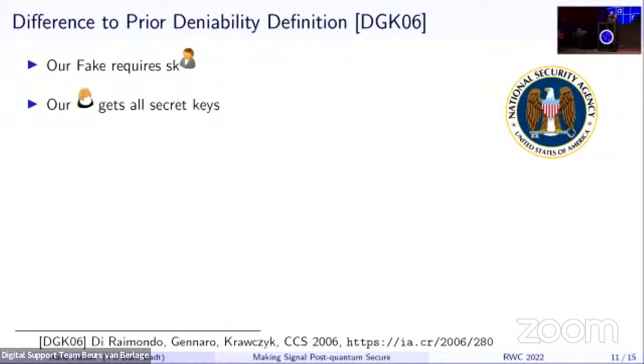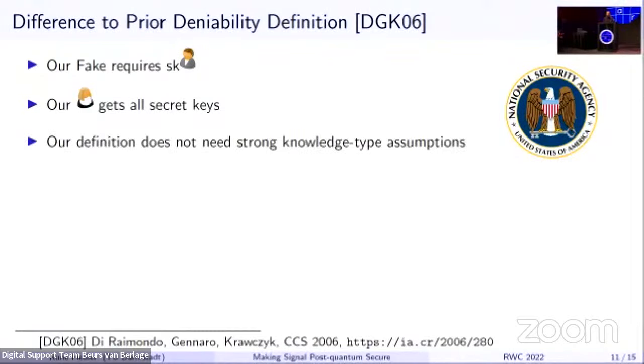And we believe this to be a very important point to achieve deniability against nation-state adversaries, or rather nation-state judges. Because they may somehow find out your secret key by compromising your devices, by issuing a subpoena for you to give up your secret keys, or whatever else. And lastly, our definition has the advantage that you can build a proof with respect to our definition without needing any strong knowledge-type assumptions.